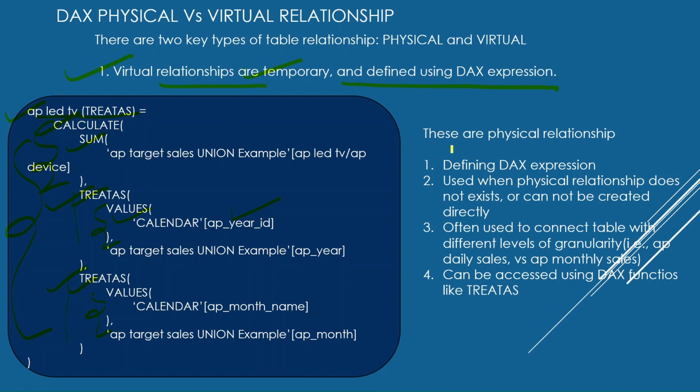Let's talk some more about virtual relationships. This is a typo; this is not the physical, this is the virtual. The first is defining that expression. This virtual relationship is always defined in the expression, and is used when a physical relationship does not exist or cannot be created directly. As I mentioned, there could be a lot of scenarios where it is not possible to create a physical relationship between tables.